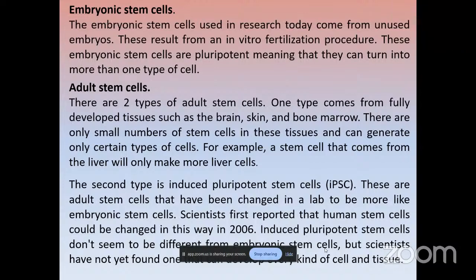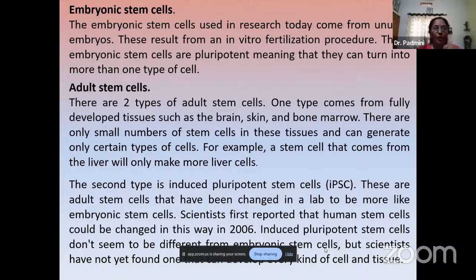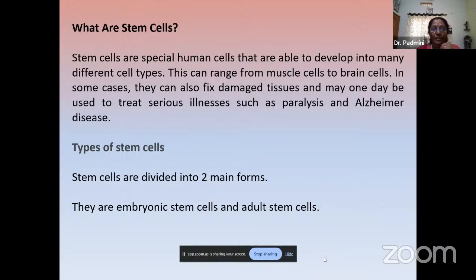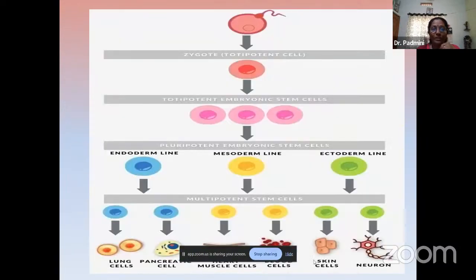Yes, ma'am. Yeah. So when you're talking about embryonic stem cells, this is the latest research that is going on, though there is a lot of controversy behind embryonic stem cells. What are embryonic stem cells? The cells that have been taken out from a fertilized egg. Remember, in the picture, this embryonic stem cell is totipotent and also pluripotent.